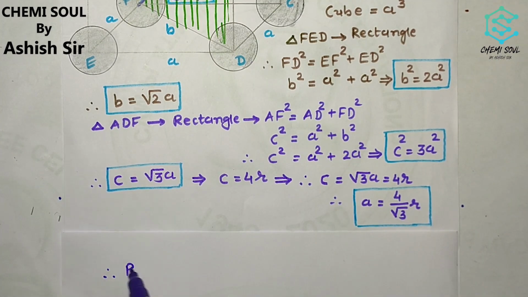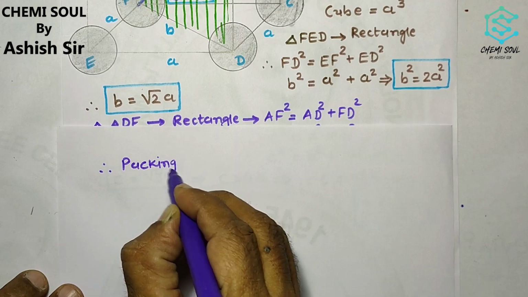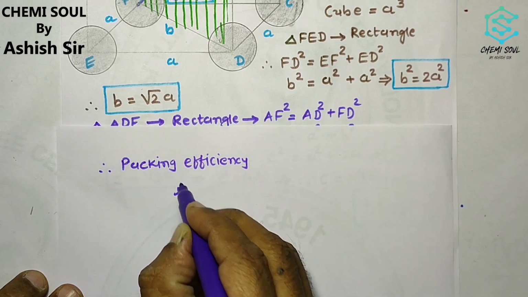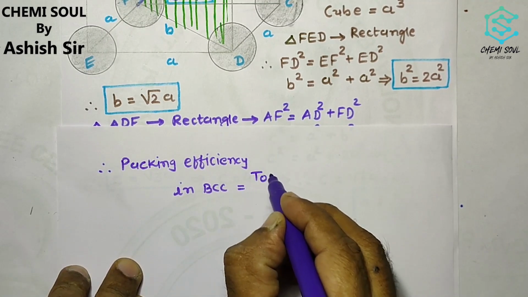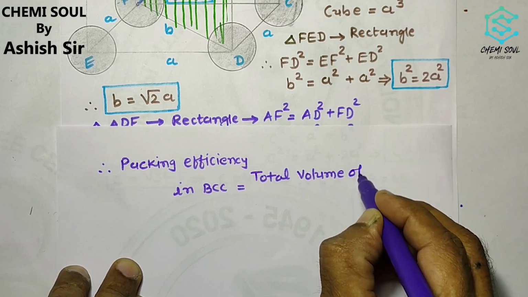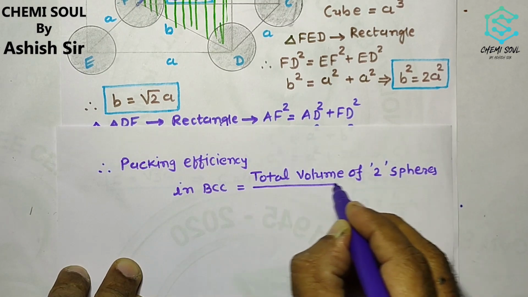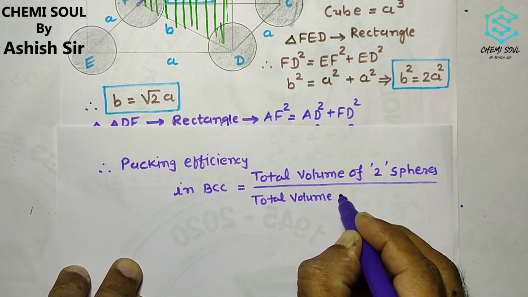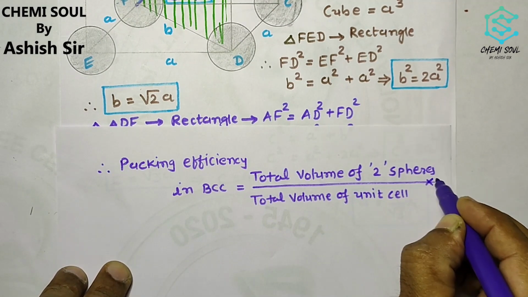So the formula for packing efficiency in the BCC structure is equal to the total volume of two spheres divided by the total volume of the unit cell, multiplied by 100.